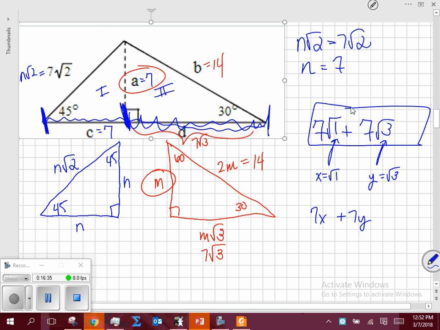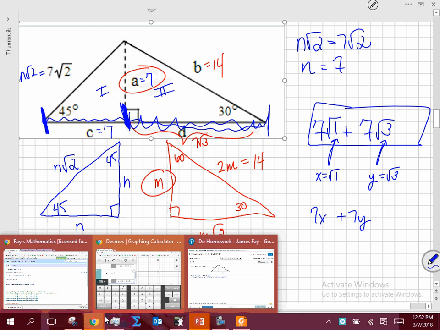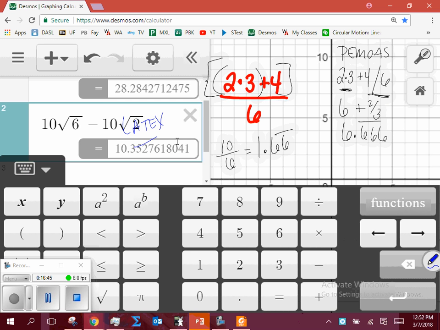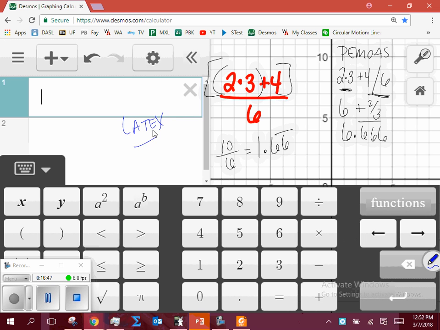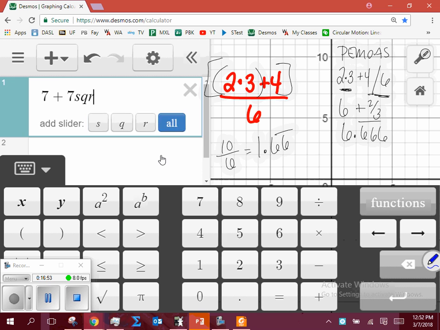Okay? So we can't, by hand, write the exact answer any simpler than this, but if we were using our calculator, we can't add those numbers together. We can take 7 plus 7 radical 3.